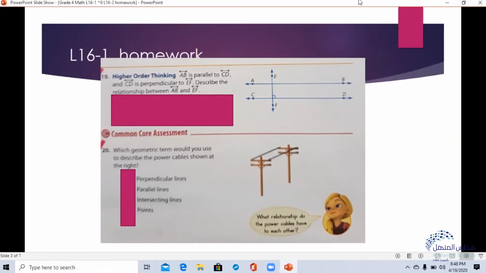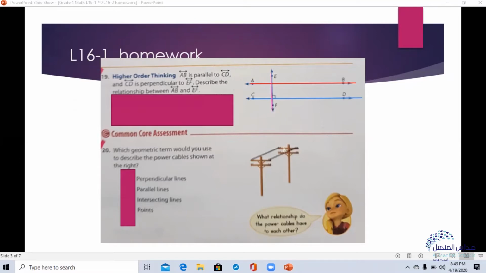In this question, I'll be using some tools to better explain. Let's look at line AB. Line AB will be described as red, and line CD will be described as blue. These lines run next to each other, which means they will never cross. They are parallel lines. The question says line AB is parallel to line CD, and line CD is perpendicular, which I will demonstrate with the pink line, to line EF.